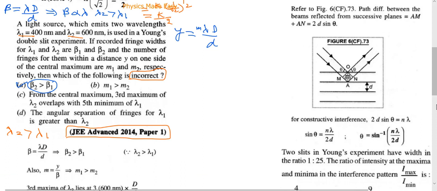So this fact is beta, meaning y is equal to m beta, or y by beta is equal to m. So what he is saying, and the number of fringes within distance y, it means y is equal to constant. y here has been kept constant.